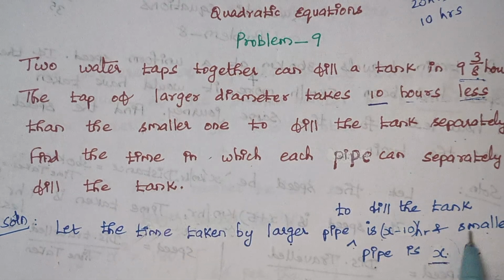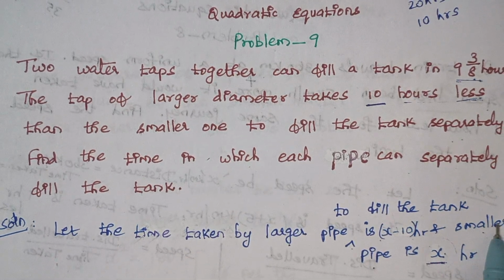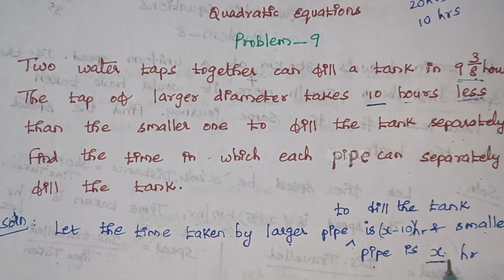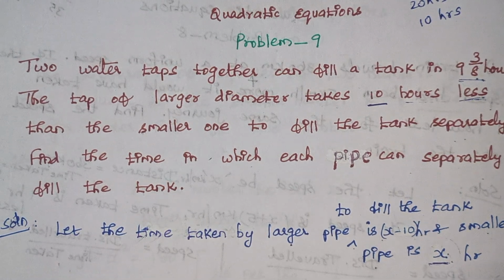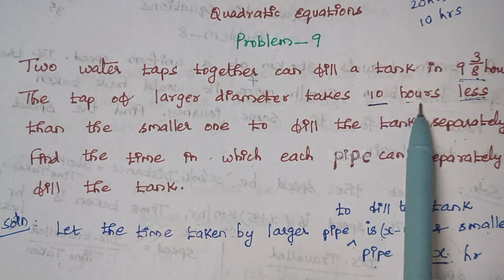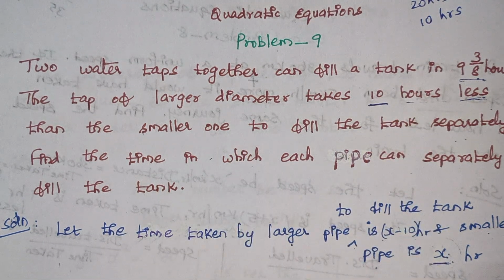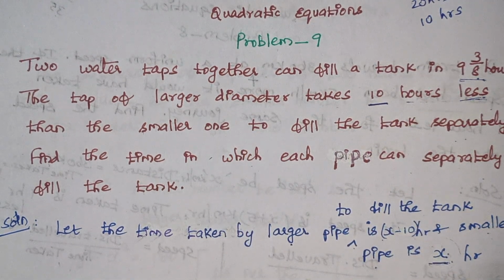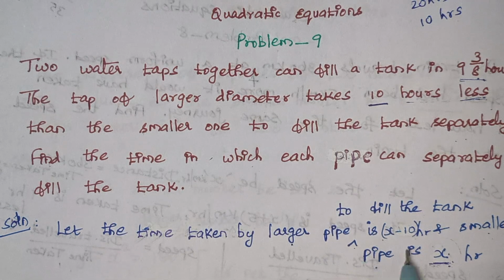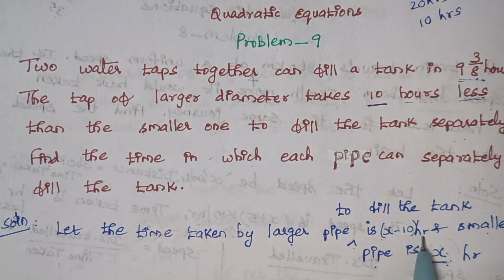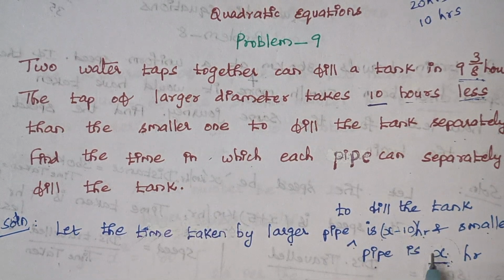Let the time taken by the smaller pipe to fill the tank be x hours. What about the larger pipe? It is x minus 10 because it takes 10 hours less than the smaller pipe. So if the time taken by the smaller pipe to fill the tank is x hours, then the time taken by the larger pipe is x minus 10 hours. This is from the question.